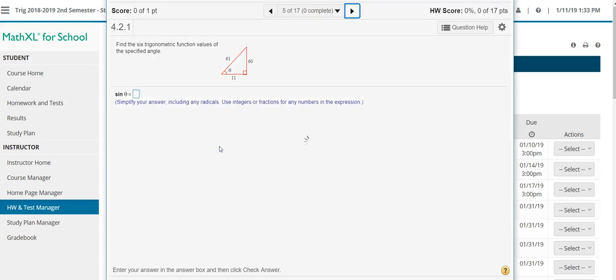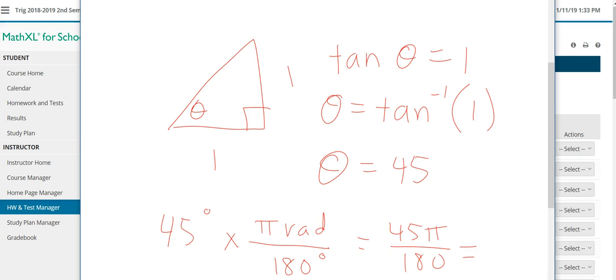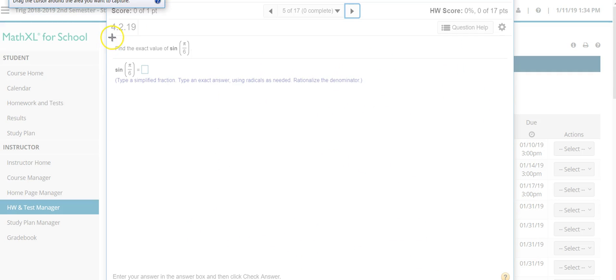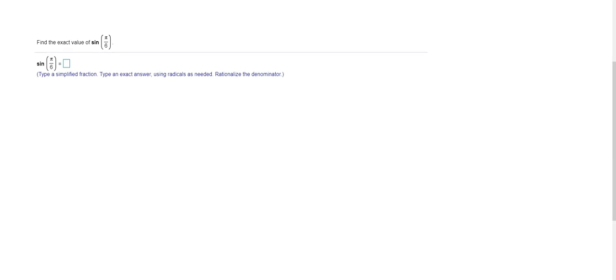Number 5, you said? Okay. Here, let me snip it. This was question 5. Sine of pi over 6. Does anybody know what pi over 6 is in degrees?